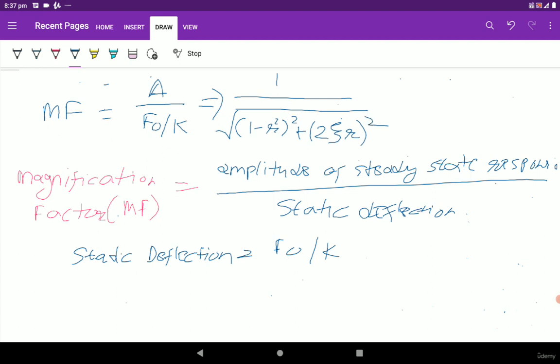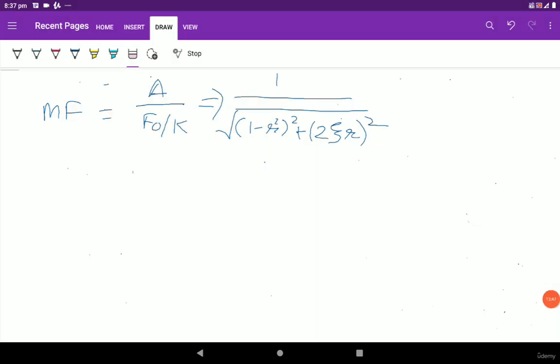So let's discuss some cases here. If the magnification factor is greater than 1, then we can say that the dynamic amplitude is greater than the static deflection, that is F naught by k.